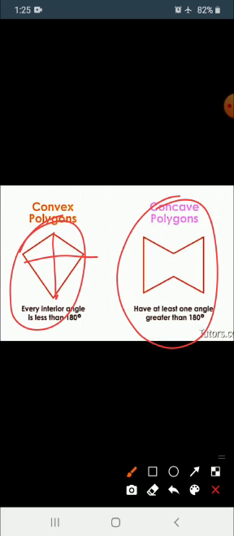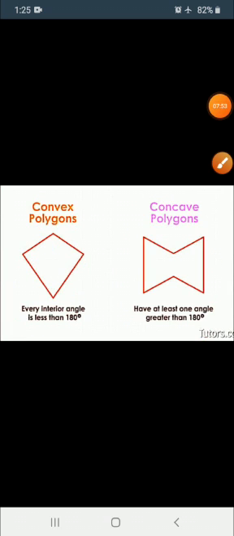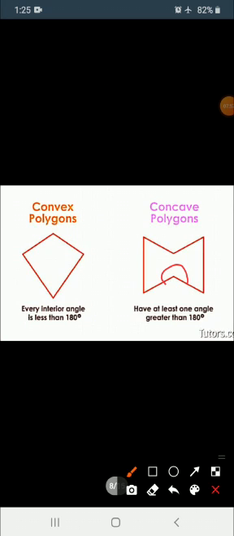Whereas a concave polygon will have at least one angle greater than 180 degrees. Here you can observe this angle. This is greater than 180 degrees. This angle is also greater than 180 degrees. The statement says at least one angle should be greater than 180 degrees.